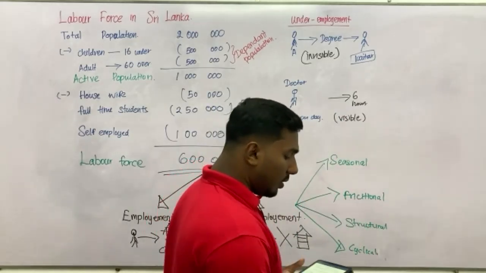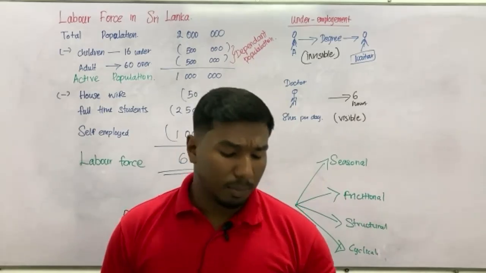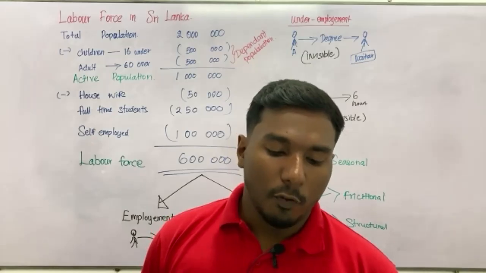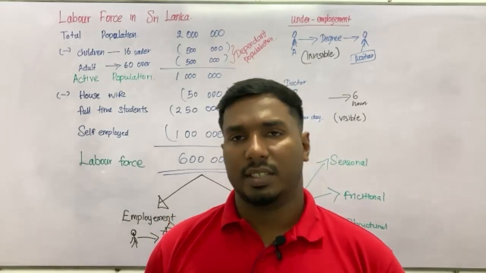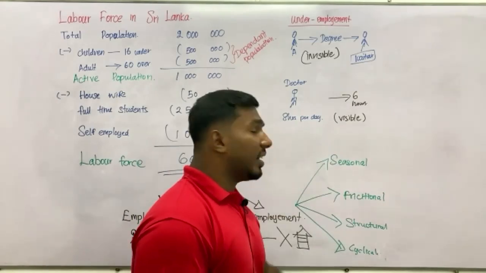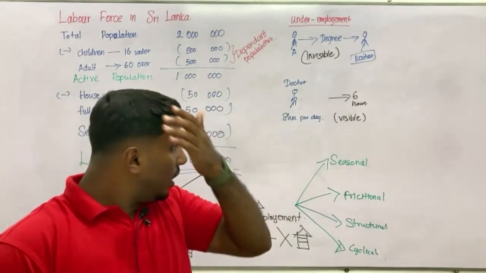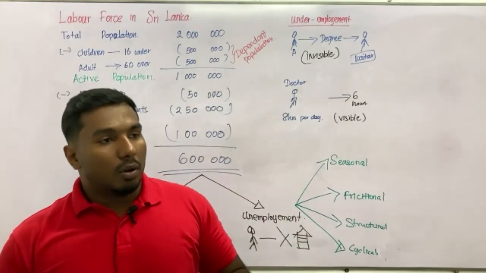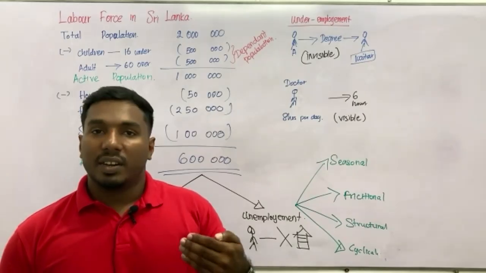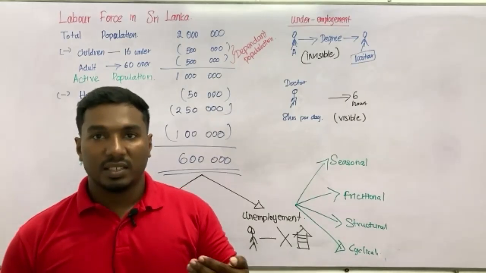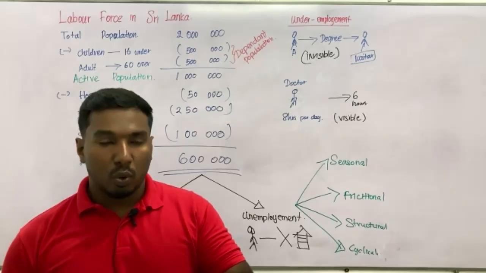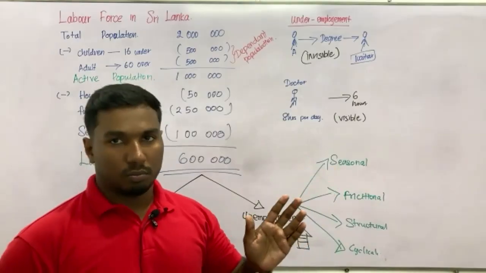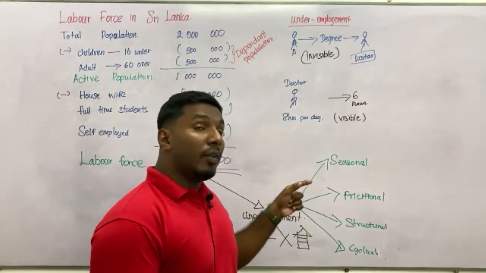Okay, let's look at what is meant by seasonal unemployment. Workers without employment during the off season of cyclic industries. Agriculture, for example. There are some seasons, right? If there is a rainy season, they have to sow the seeds and just go home.